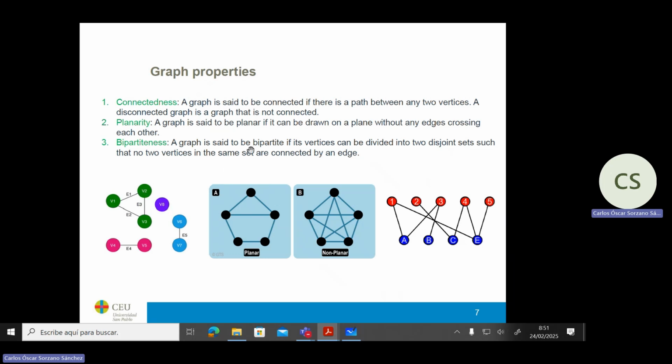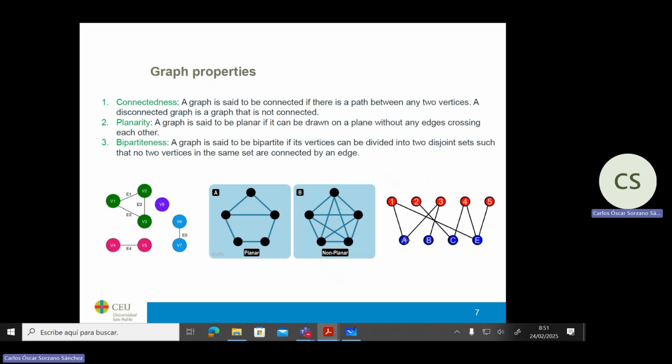There is no way to go in that way. And then planar. A graph is planar if it can be drawn on a plane without crossing edges. So here it is non-planar. There is no way to draw this graph in a way such that the edges are not crossing. And this is a planar graph. And this is a bipartite graph in which you have vertices, but the vertices belong to two different sets.